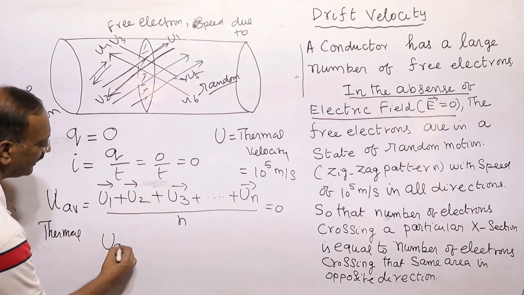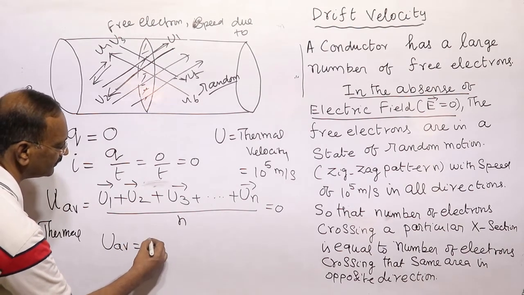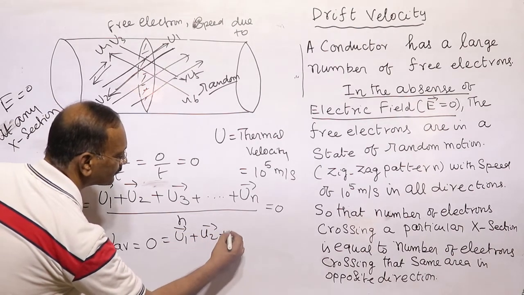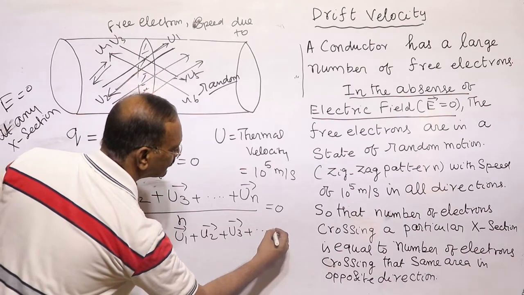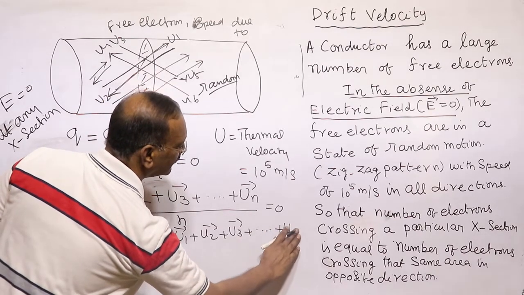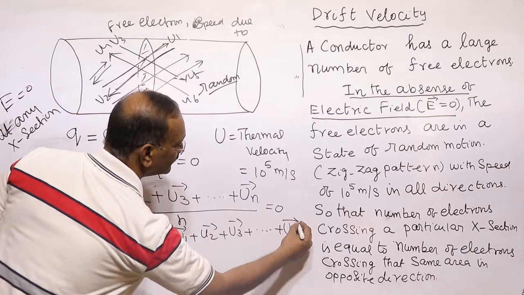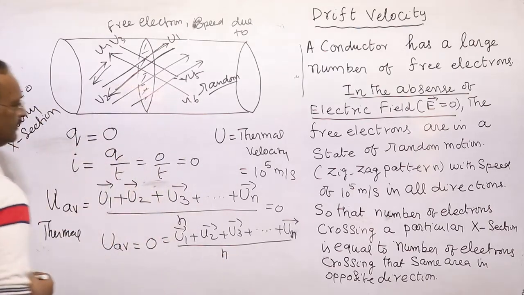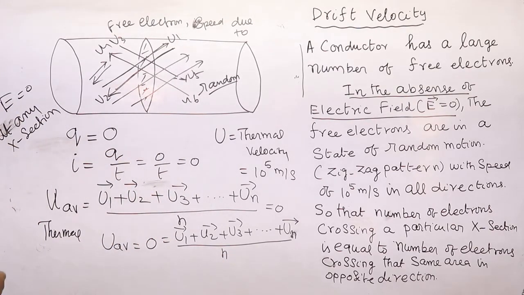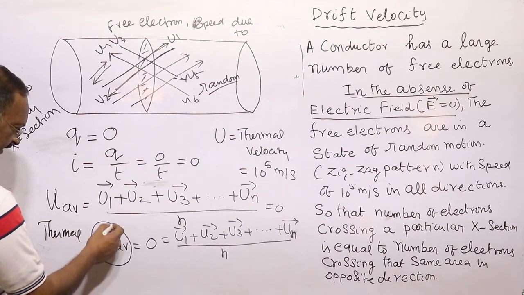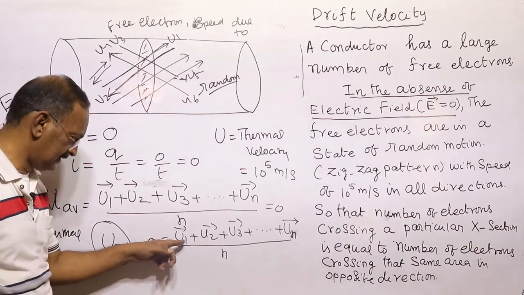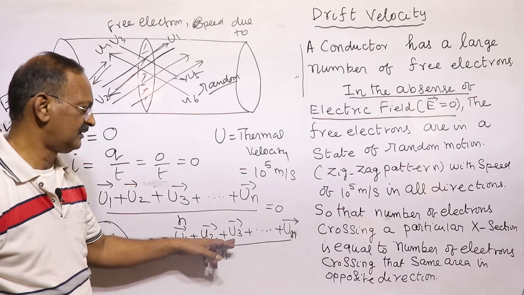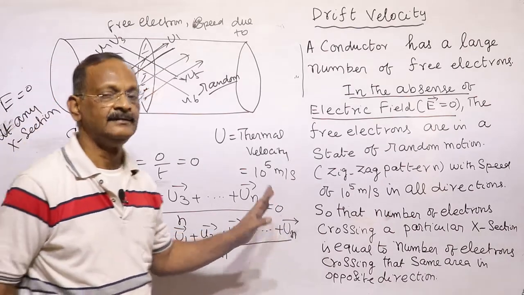So the average thermal velocity of the electrons, U1 plus U2 plus U3 plus up to UN, where UN is the thermal velocity of the nth electron, divided by the total number of electrons, is equal to 0. You have to remember this again and again. This is the thermal velocity of the first electron, the second electron, the third electron, and the nth electron.